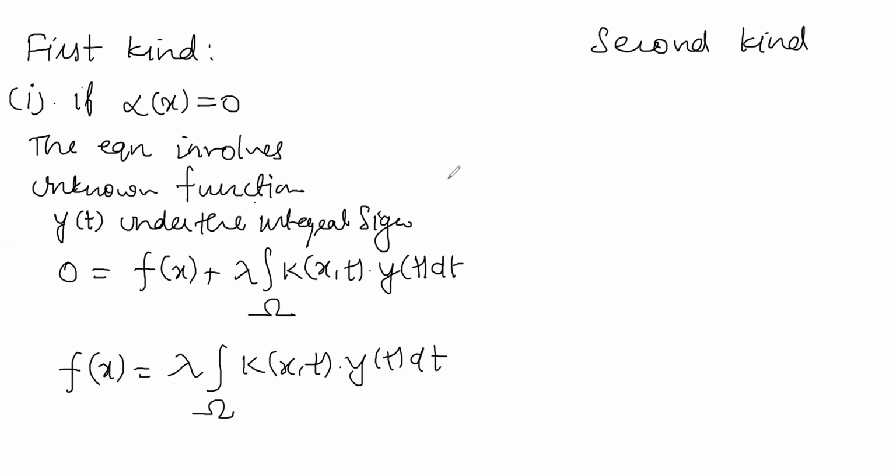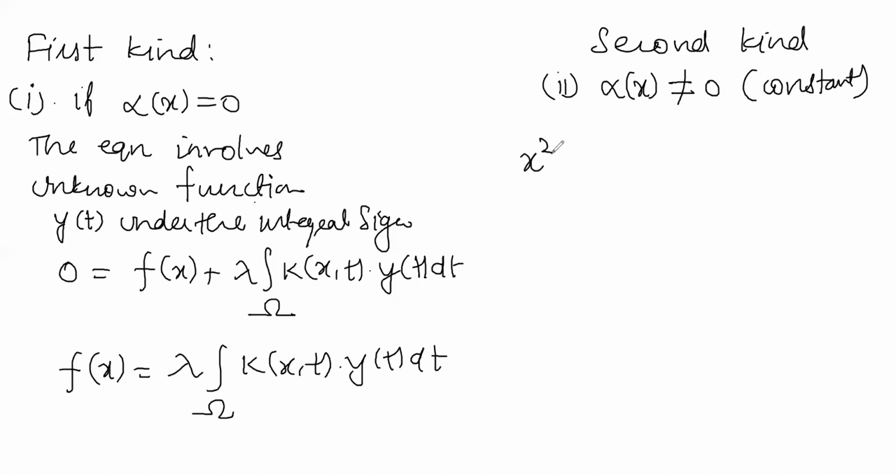Now, when I talk about the second kind, here alpha of x will not be 0 but constant. That means y of x will remain in the picture, but let's say alpha of x is non-zero. When I say constant, it can be non-constant as well, but it will be a variable function.